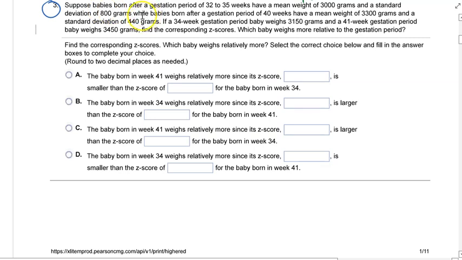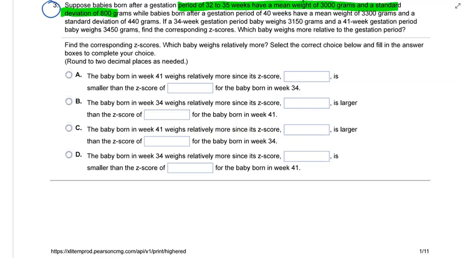Remember that this is the first part here. You have the mean and standard deviation of babies who were born between 32 to 35 weeks. Also, babies born after a gestation period of 40 weeks have a mean weight of 3300 gram and a standard deviation of 400 gram.